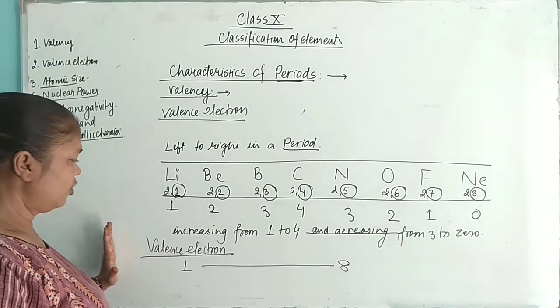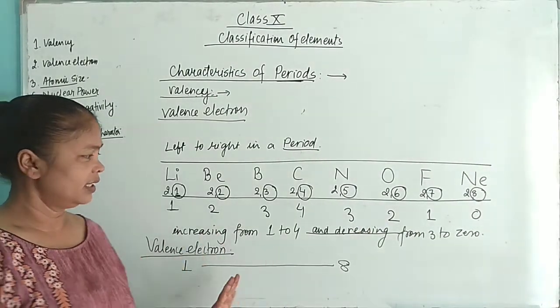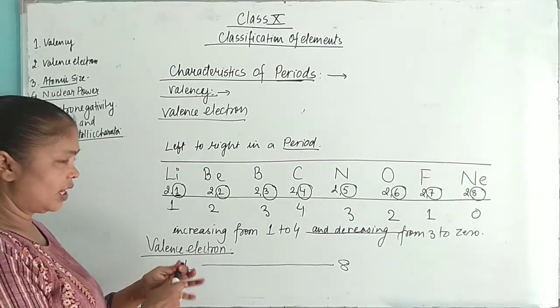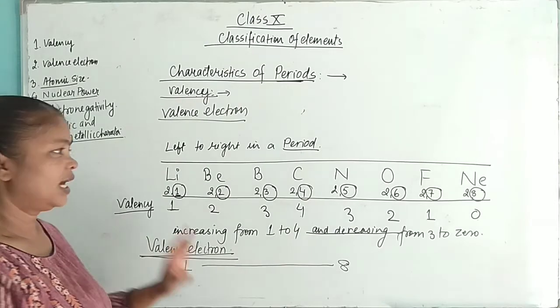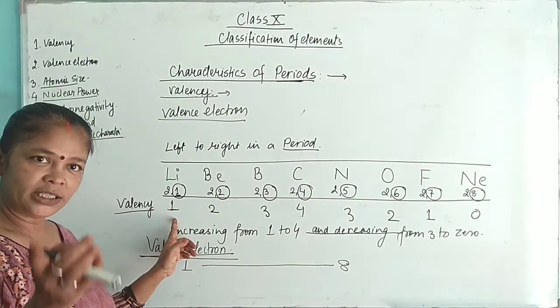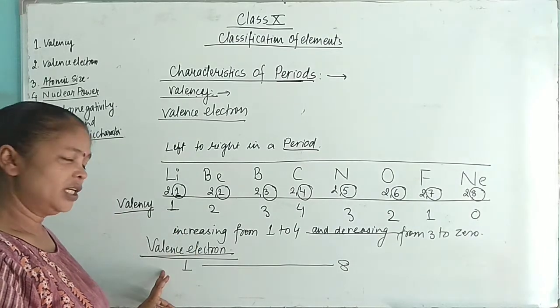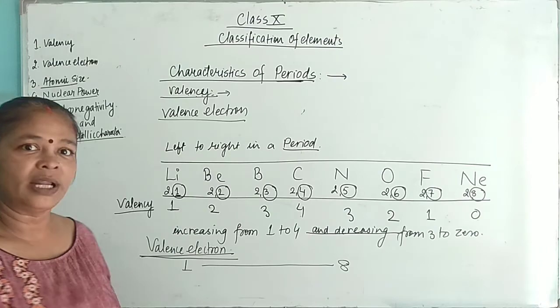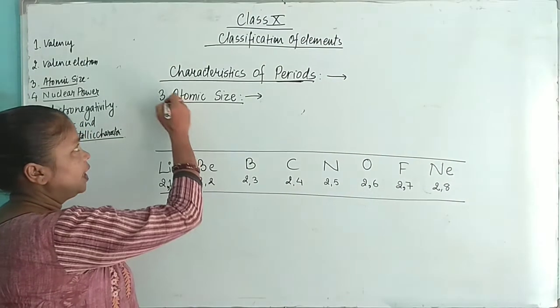As we are moving left to right in a period, the valence electron increases from 1 to 8, and the valency is increasing from 1 to 4 and decreasing from 3 to 0. Now atomic size.